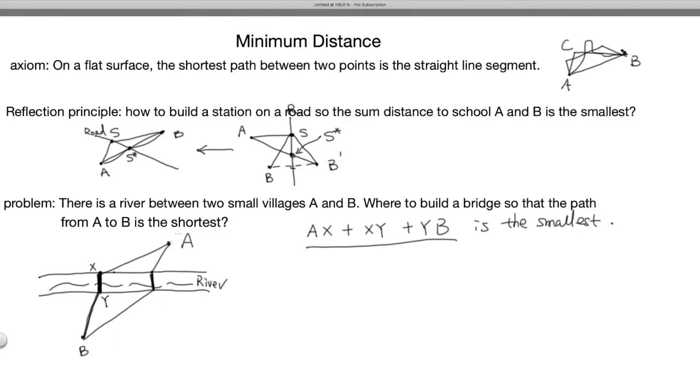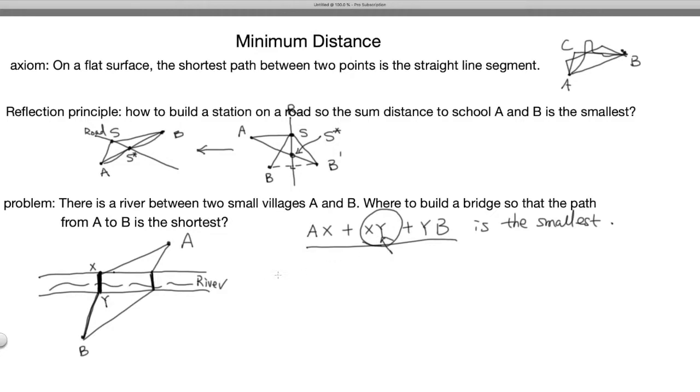So first of all, we realize that this XY is really irrelevant, because XY is always the width of the river, the span of the river. So XY is a constant.